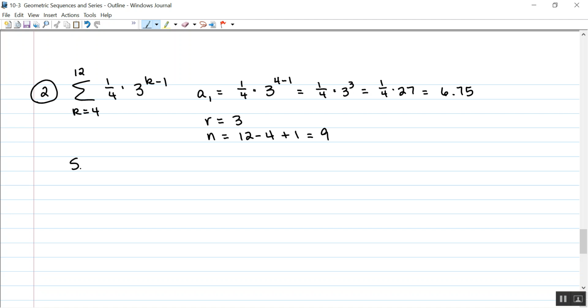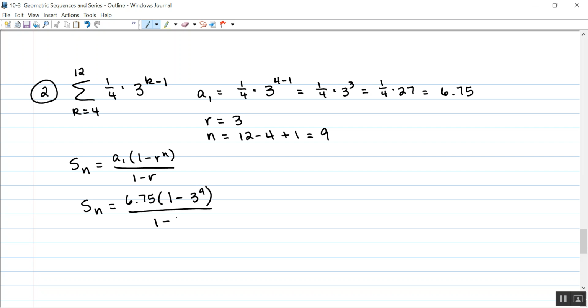So let's plug those into the formula, and I'll go ahead and write out the formula here: a sub 1 times 1 minus r to the n over 1 minus r. So that's going to give me a sub 1 is 6.75 times 1 minus 3 to the 9th over 1 minus, and my r is 3.